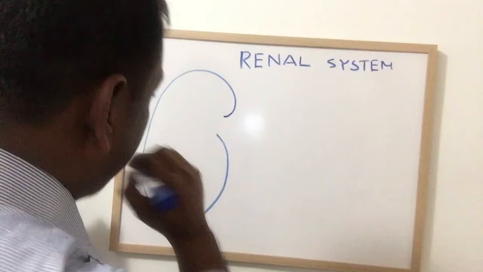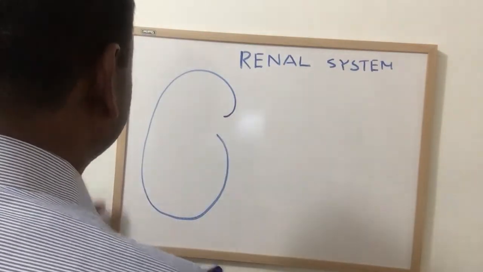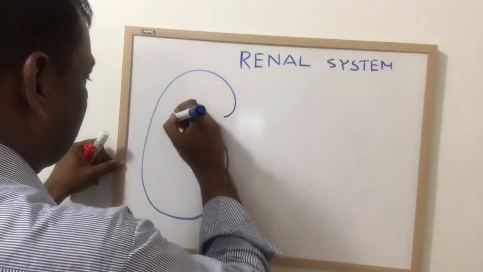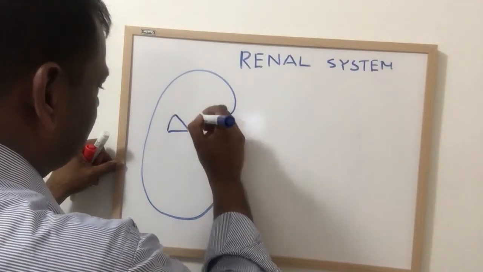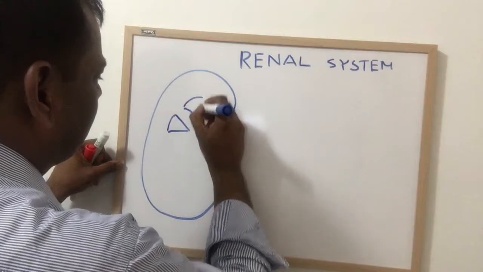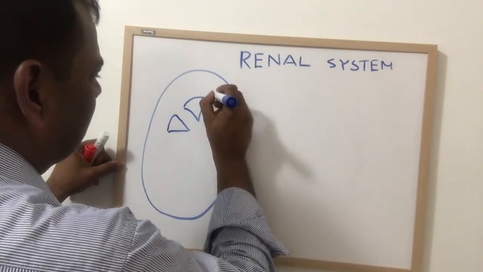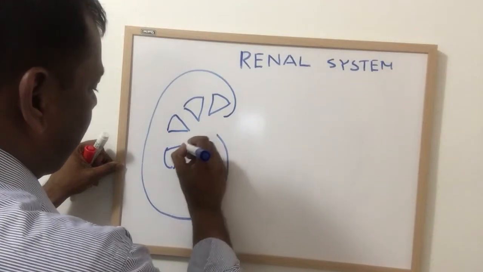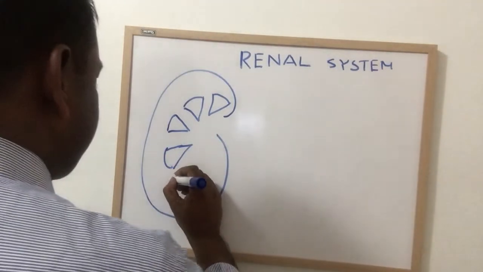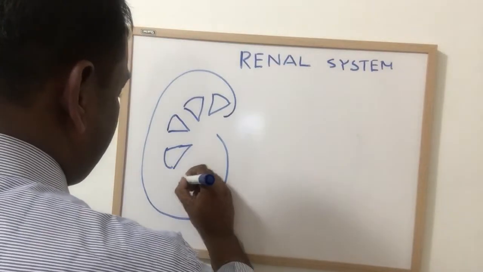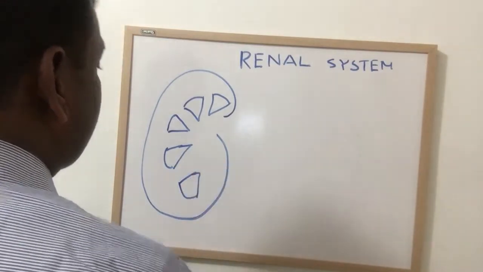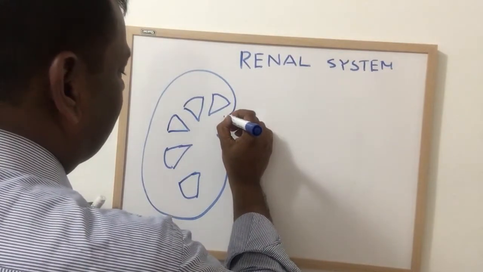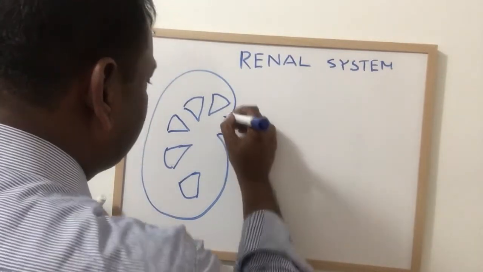This is the kidney. Of course, as I told you, they have medulla. And the ureter.